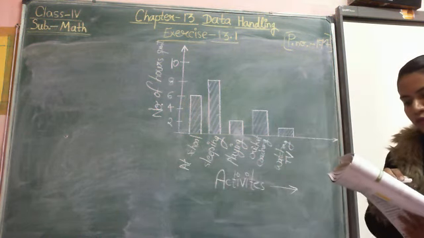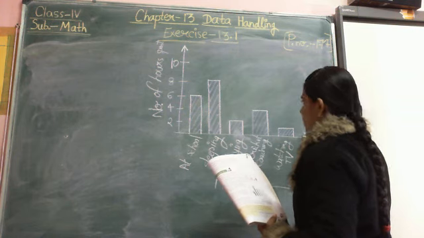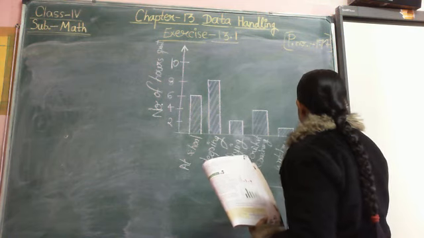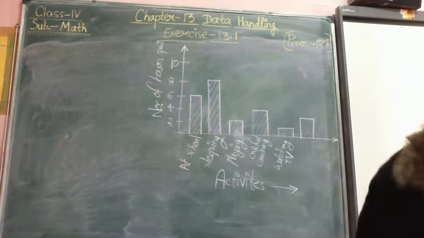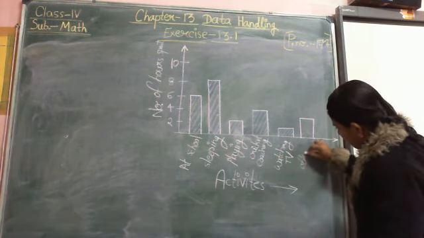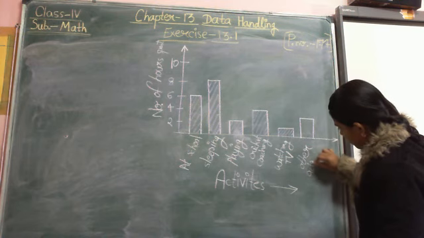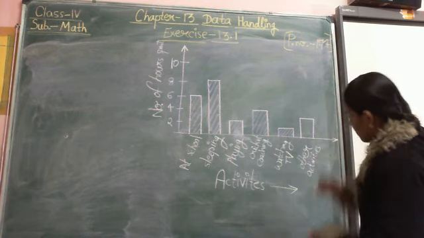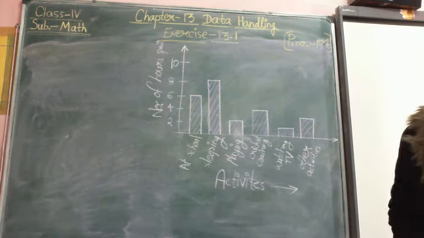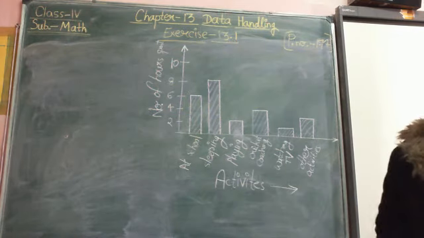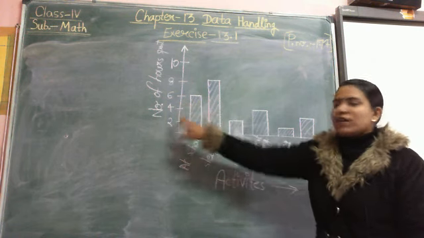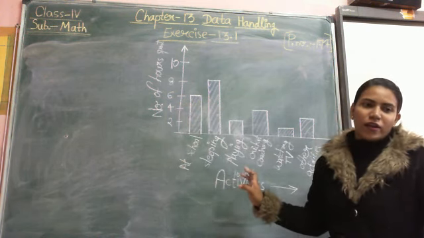And the next bar is between 2 and 4, which is for other activities. So it is given in your book. These are the activities and the number of hours spent on them by a boy Rohan.